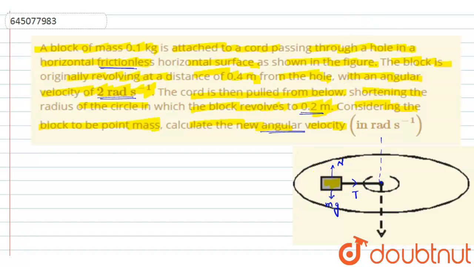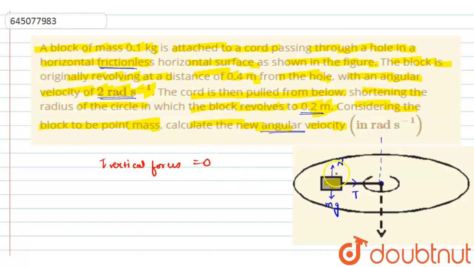Now, if I have to find the torque about this drawn axis due to these three forces, then due to this normal force and the mg force, as they are vertical forces and parallel to the axis, the torque due to vertical forces will become zero.